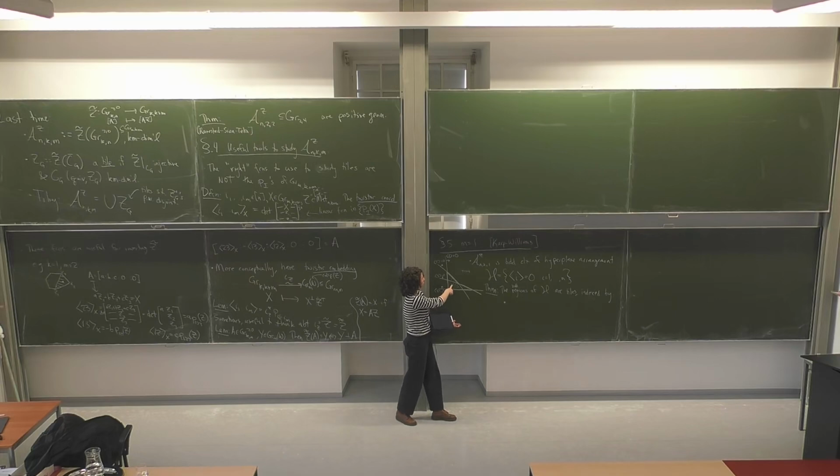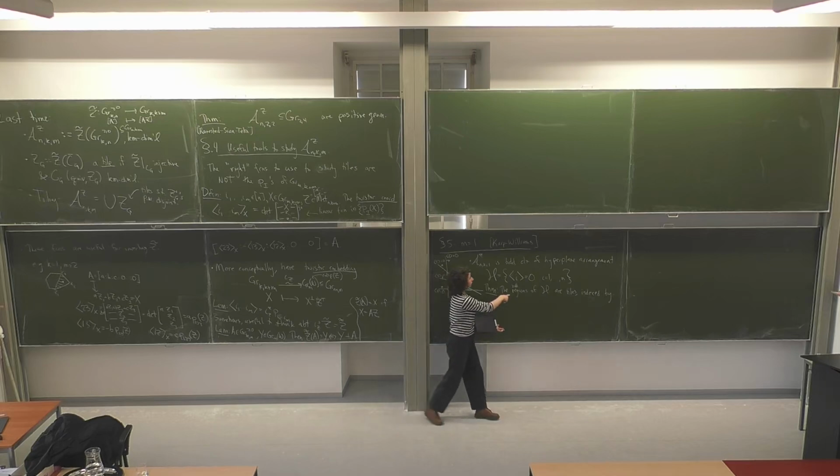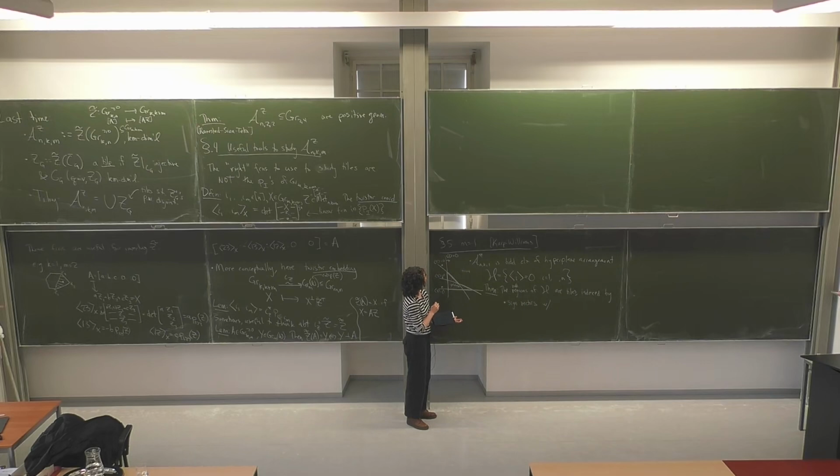I'm on the plus side of the 1 hyperplane, the minus side of the 2 hyperplane, the minus side of the 3 hyperplane, and the plus side of the 4 hyperplane. These bounded regions, which are tiles, are indexed by sign vectors of exactly this sort, with exactly k sign flips. For plus, minus, minus, plus, I see 2 sign flips: from plus to minus, and then from minus to plus.